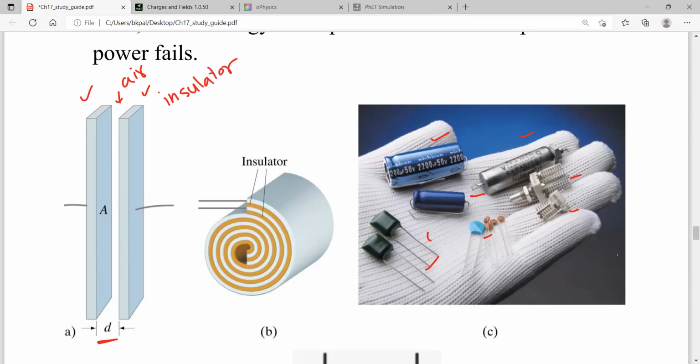Here in this one, although it is not a parallel plate capacitor, you see that between the two plates there is an insulator. This insulator has a special name, we call it dielectric. In the next slide I'm going to talk about dielectric, but for the time being, let's say that we have two plates separated by some distance and there is no insulator in between.